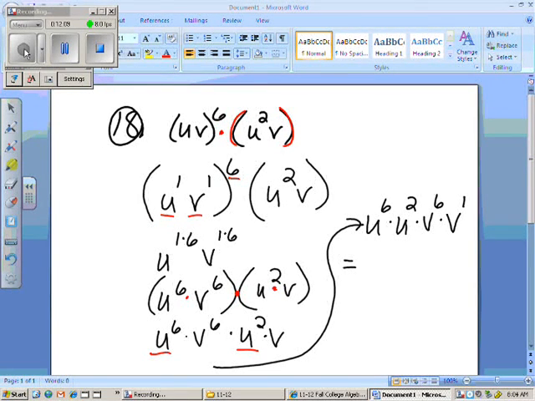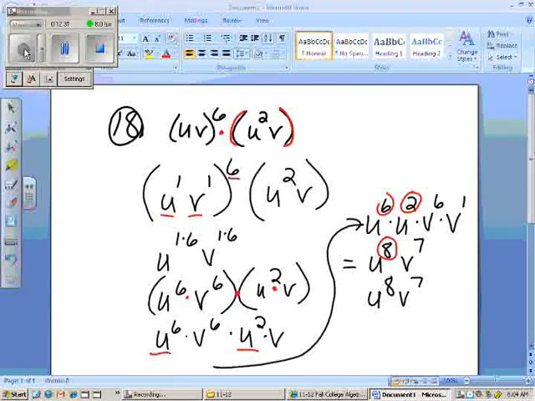Multiplying u's together, we just add the exponents. Alright, think about it. If you have 6 u's being multiplied and then 2 more u's being multiplied, altogether you have 8 u's being multiplied. So u to the 8th, same thing on the v, add your exponents, v to the 7th. So final answer, u to the 8th v to the 7th.